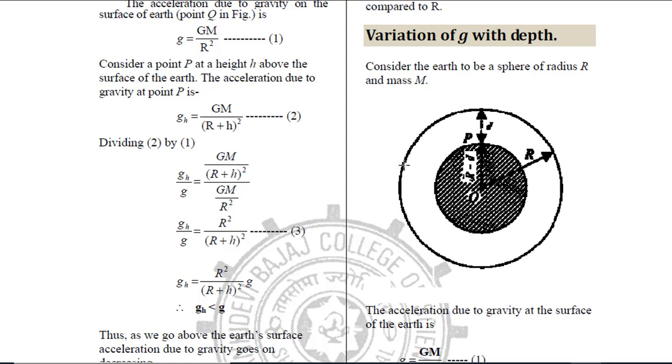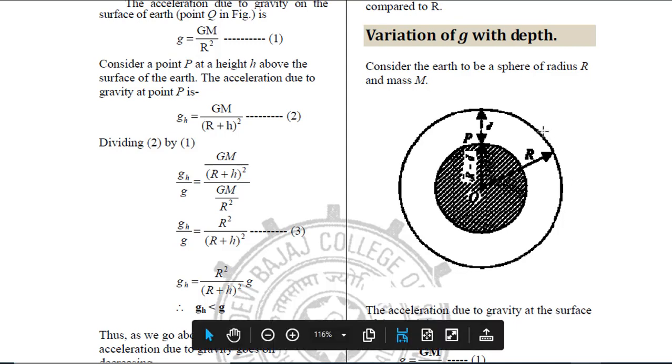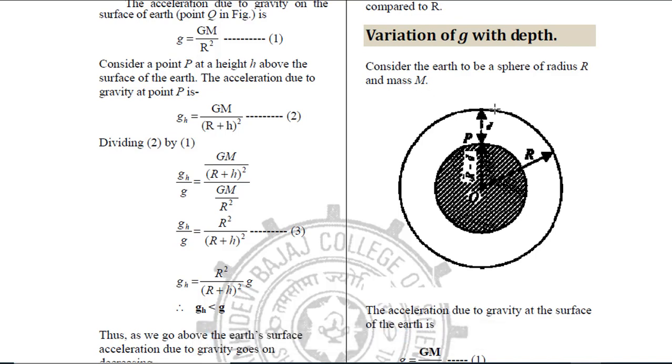So if we are at the Earth surface, the radius is the radius of the Earth, so we have 4/3 pi r cubed as its volume. If we go inside, distance d from the surface of the Earth, we will have another sphere.